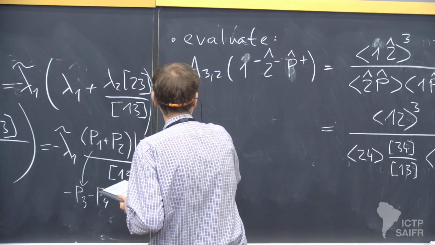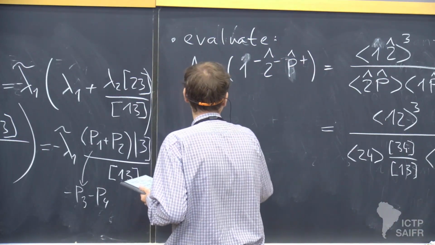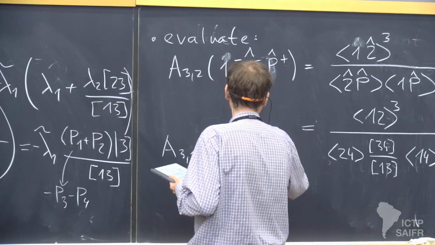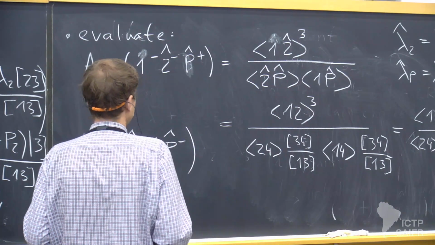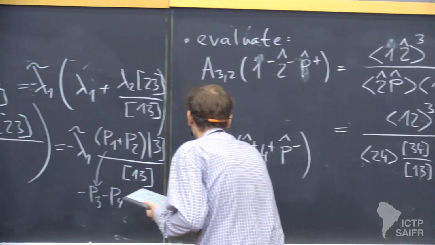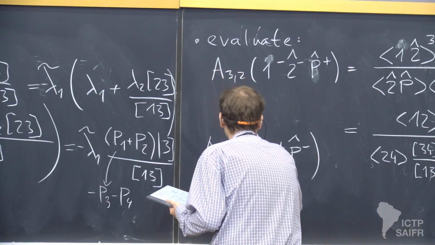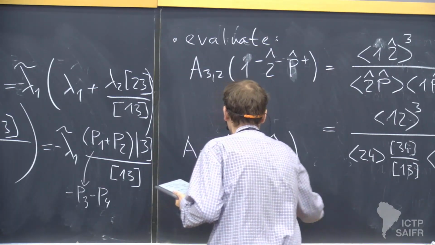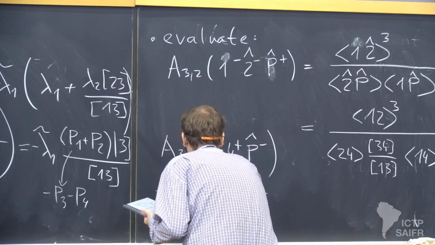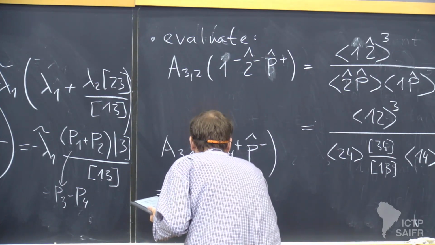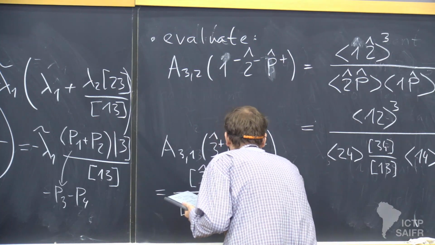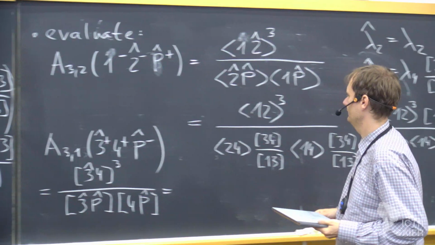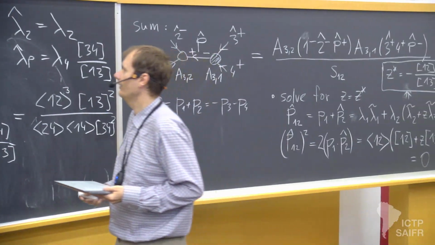Okay, so now let's do the other amplitude, A3 of 3 hat plus, 4 plus, p minus hat. So this is equal to 3 hat 4 cube divided by 3 hat p hat and 4 p hat.